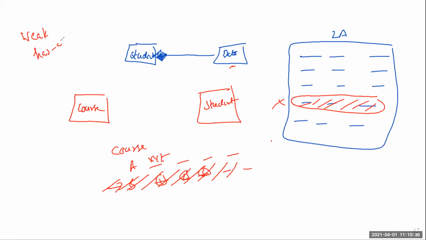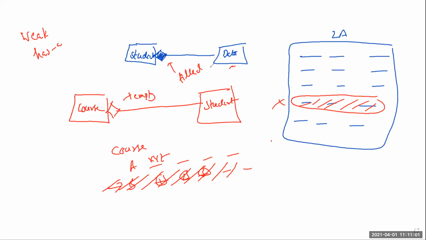Because the container object is deleted, but the contained object is not deleted. And when you represent it like this, this time the diamond is not filled. This is an empty diamond. And strong relationship is a filled diamond. So you see, it's a very similar concept, but just a minor difference.